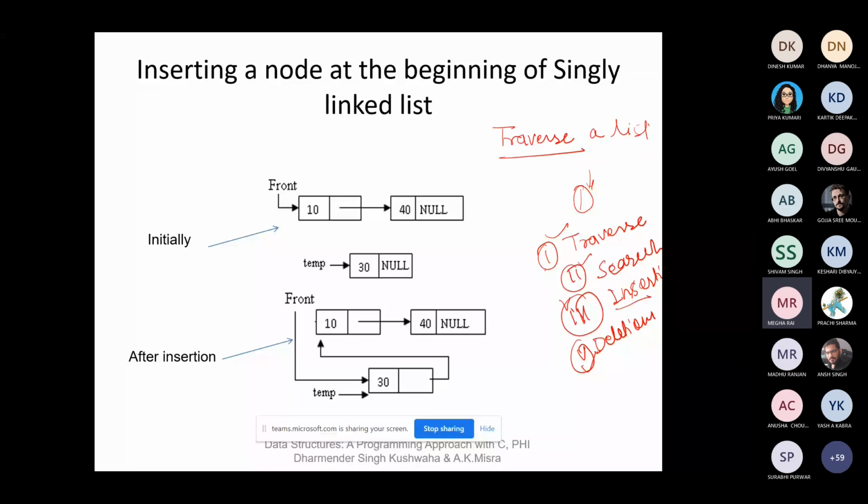Traverse means you have to visit all the elements from the first to the last. Ma'am, maybe by using a loop. Using a loop, yes.